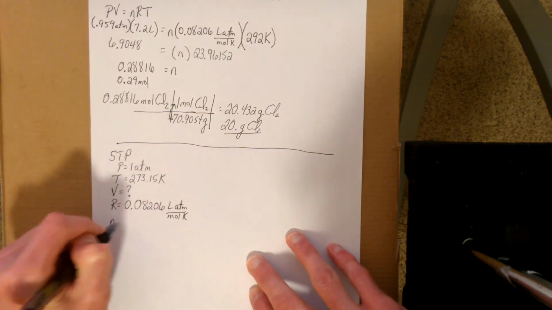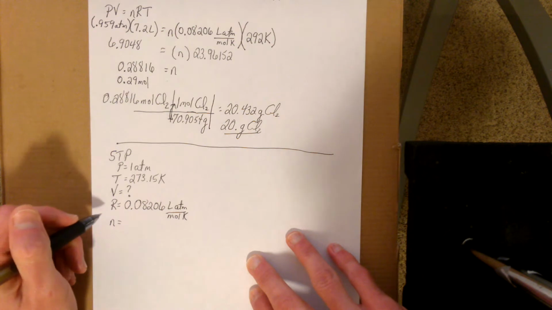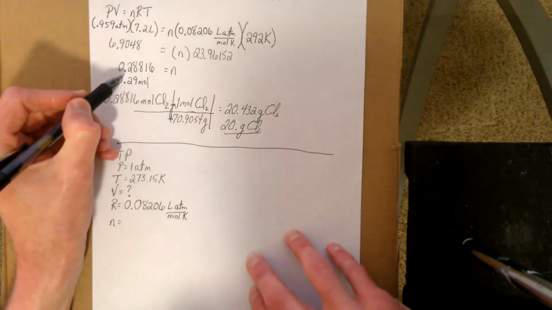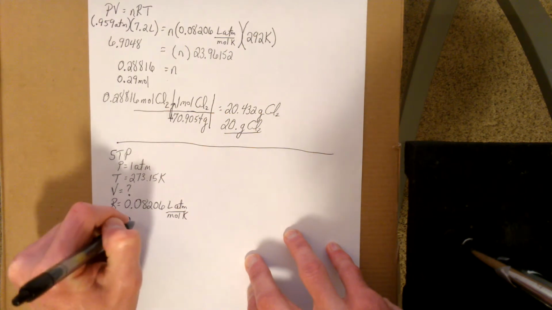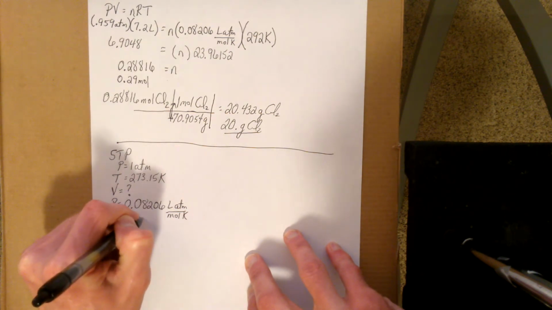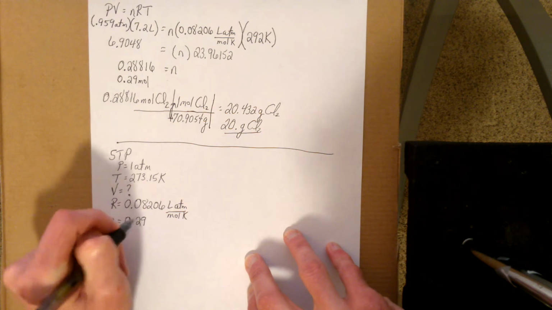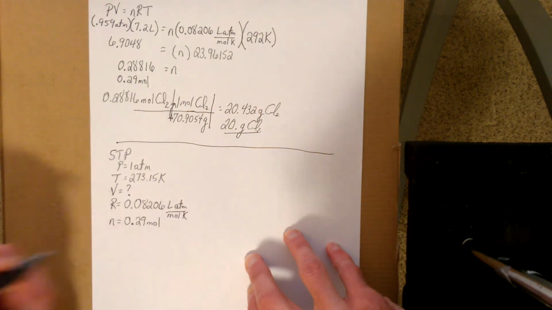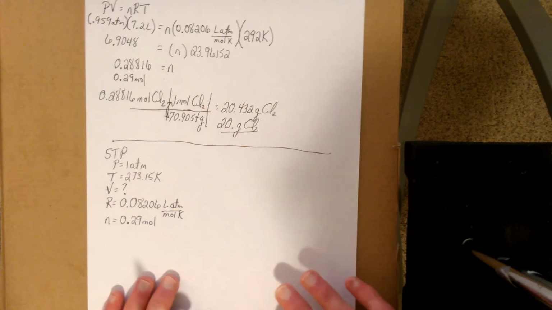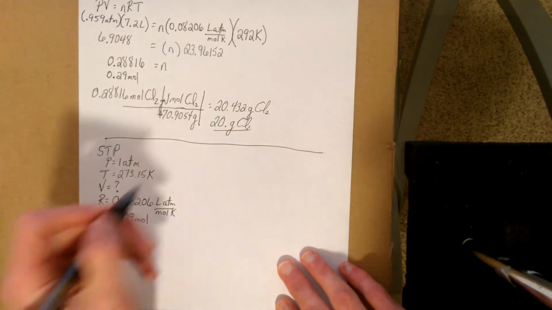And our N, we're needing N. Where do we get N? Well, we solved for it back up here in the previous problem. So I'm going to go ahead and round it to 0.29, with the sig figs. And we have all the variables we need. All we got to do is solve for volume.